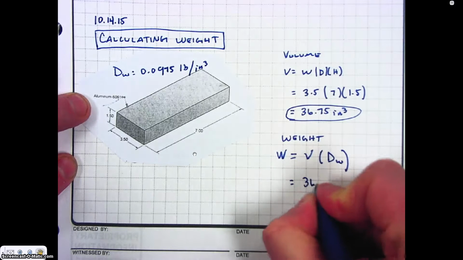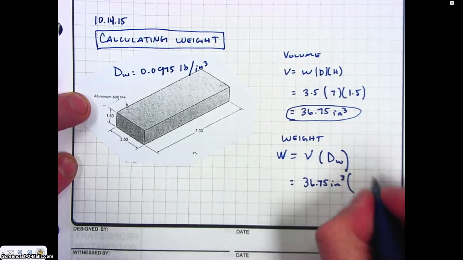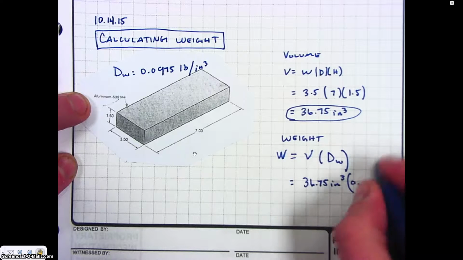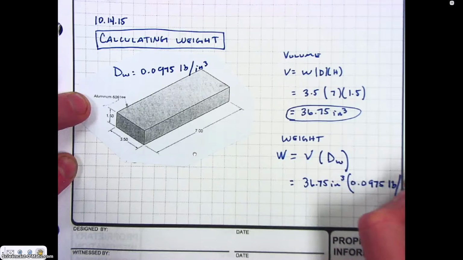The volume was 36.75 inches cubed times the weight density of 0.0975 pounds per cubic inch.